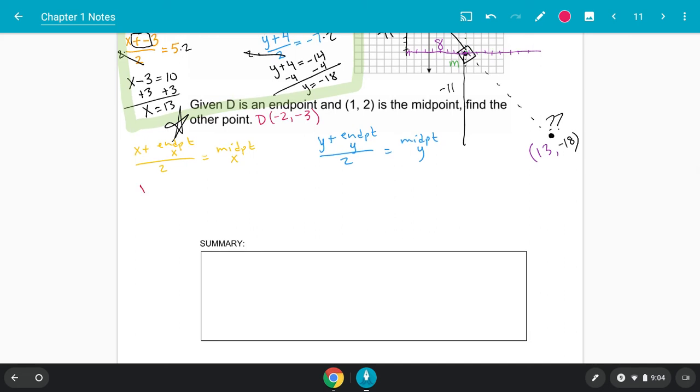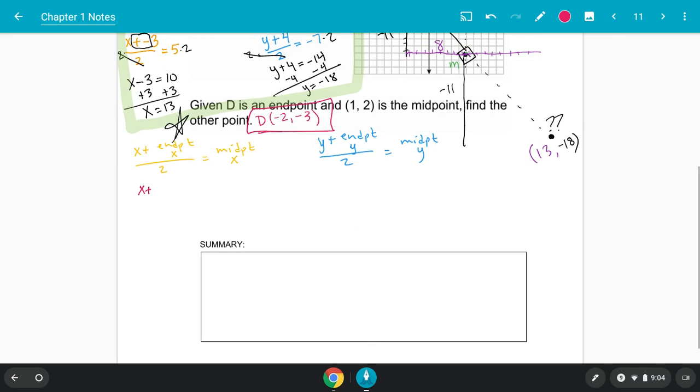Here we would have x plus, our endpoint x is -2. It's from this guy. That's our endpoint. So plus a -2, that's kind of ugly. We'll rewrite that in a second. And divided by 2 equals the midpoint x, which is 1.